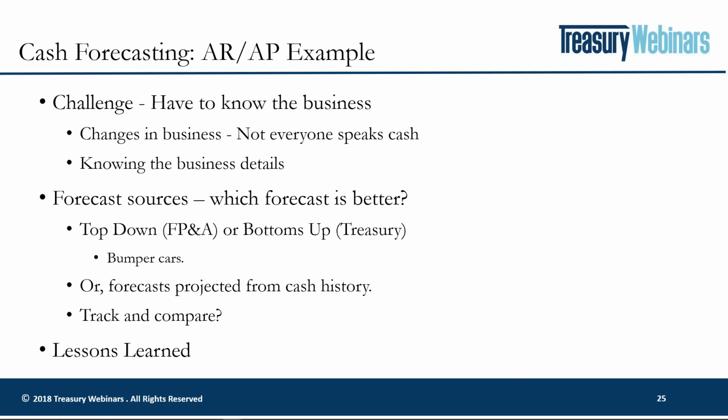Because let's face it, if somebody is projecting a planned reduction in inventory, one of the things they're probably not thinking about is how this is going to impact Treasury's sources and uses forecast over the next 3 months. But you need to start to train the business to think that way, because if there is going to be something materially changing within the organization, you need to be made aware of it so you can incorporate that into your forecast going forward.